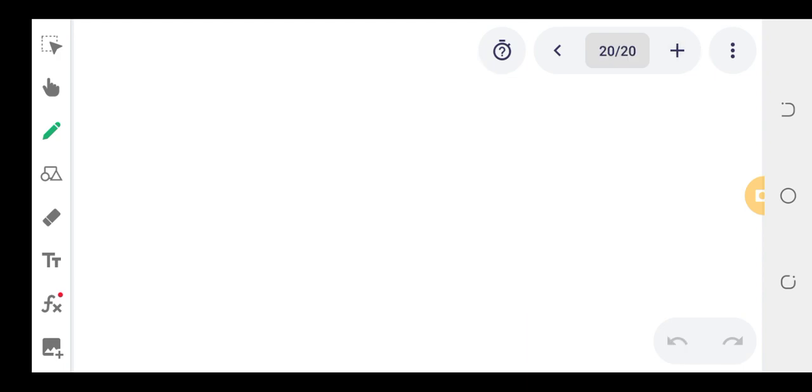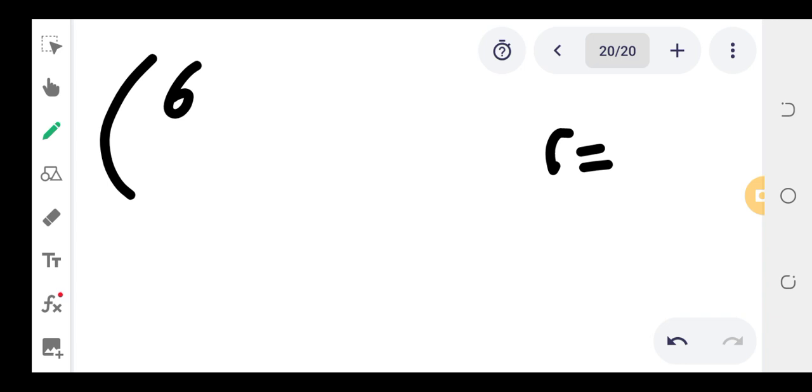So in this case, we have 6 choose r. We don't know the term position, which is r. We are looking for r. Where is our independent term?